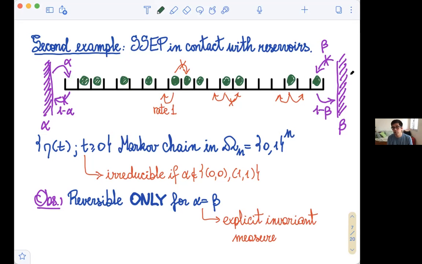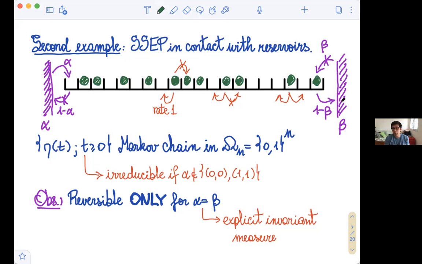At the other end, you have the same thing, but with rates beta and 1 minus beta. If alpha is different from beta, and these represent somehow temperatures, then if the temperatures are different, you will have a net flux of particles from the reservoir with higher temperature to the reservoir with lower temperature.